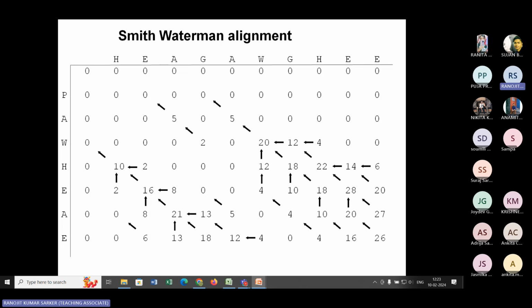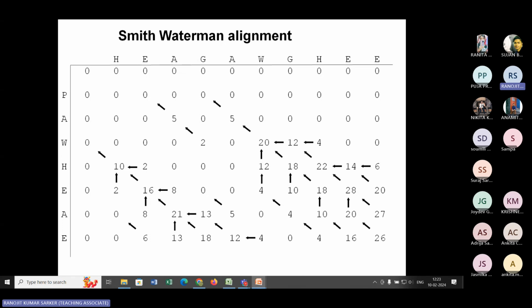So out of these 4 values, whichever is maximum will be considered for that cell, right? So in the Smith-Waterman score calculation chart, there will be no negative values, because if there are negative values from these 3 paths, then 0 will be maximum. So that's why there will be no negative values.